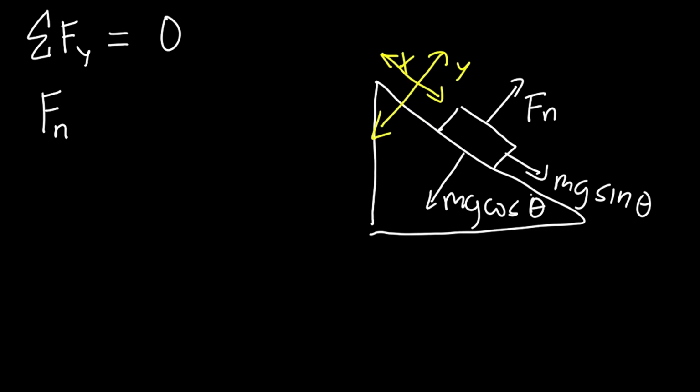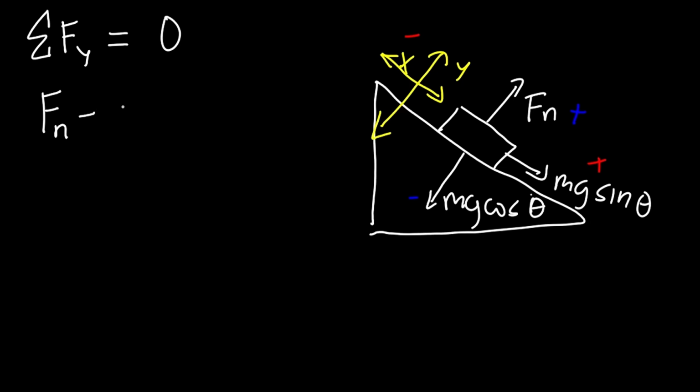Now, if we take a look, si mg cosine dito ay nasa baba, no? So we could think of f sub n as positive side and mg cosine as negative, such as this side, no? So we could say that itong pababa will be positive at ito ay negative. It depends on you, no?